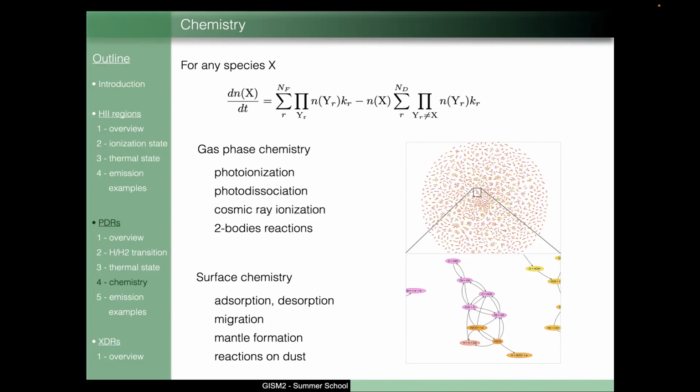And we need to include also surface chemistry, which might be important inside the cloud for the formation of several species. So this is one message: if we want to model the entire chemistry of a PDR, all of these processes can play a role at different points in the PDR.